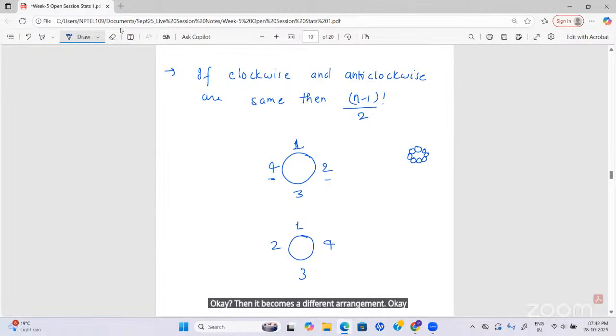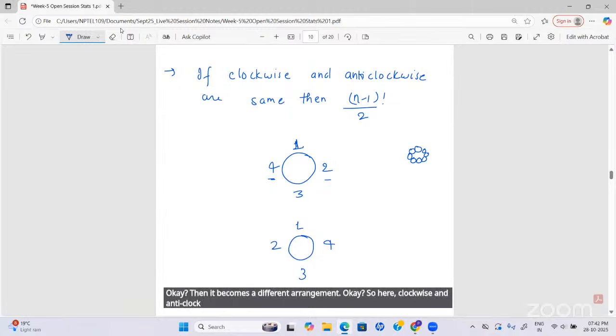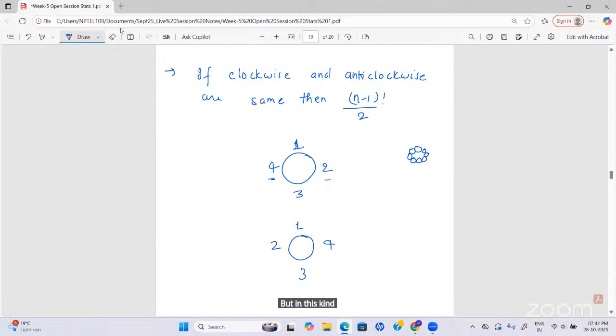So here clockwise and anti-clockwise matters, because people sitting on chairs cannot be flipped. But with the bracelet, if you flip it, it will be the same. It is not going to affect the appearance, so clockwise and anti-clockwise does not matter.